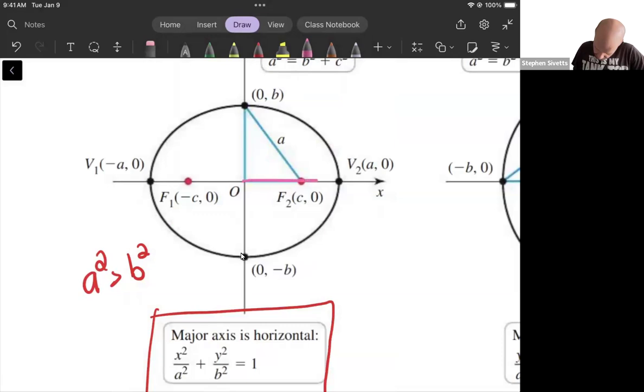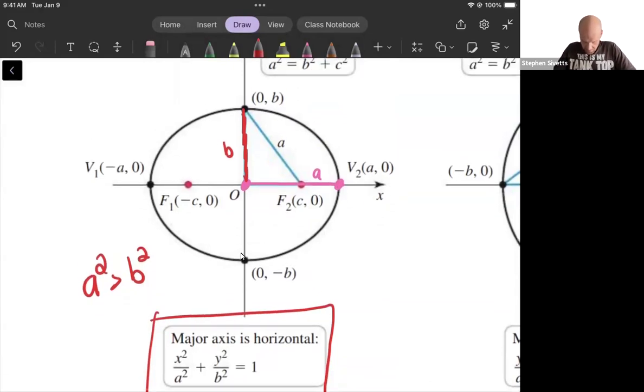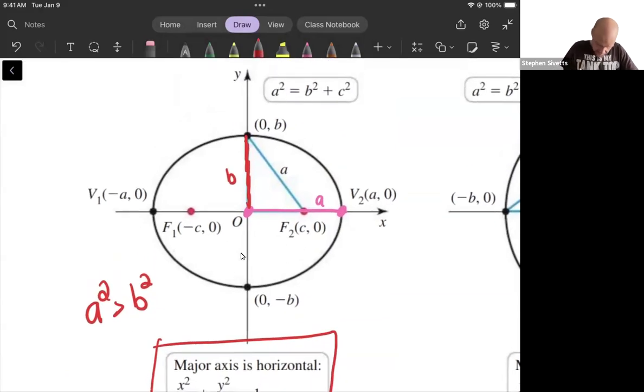So this line right here is A, and this line right here is B, right? A over B. A and B. The vertices will be the points on the ellipse that are part of the major axis, right?